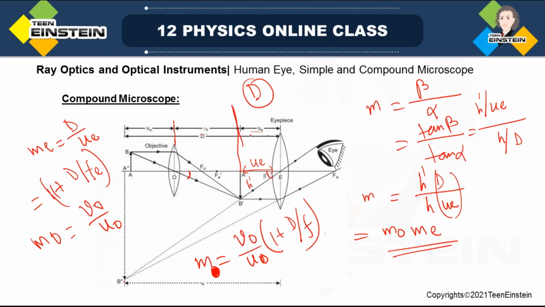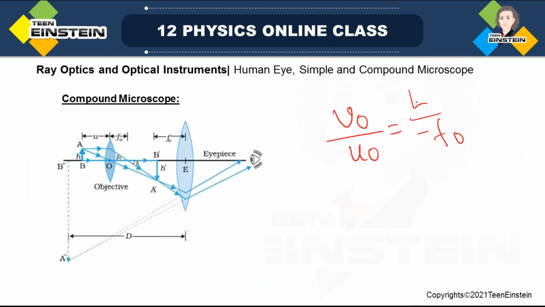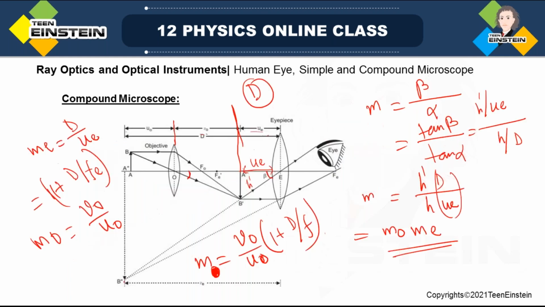So this will be nearly equal to L, and uo will be nearly equal to fo. So finally what we'll get, this is fo. You look here, vo and uo. As the object AB is placed at the focus of the objective, the image will be formed at infinity.